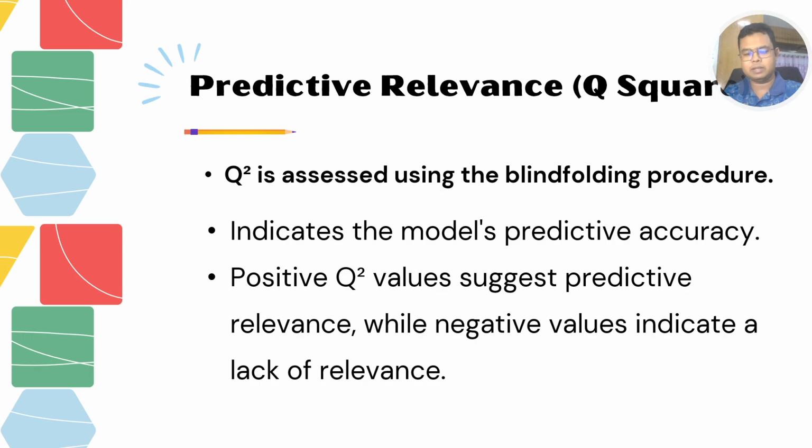Actually, to be honest, in many cases we stop with the value of R square, but how relevant the R square value is, is expressed by the Q square. Q square greater than 0 is fine. A positive Q square value suggests predictive relevance, while negative values indicate a lack of relevance. It means if the Q square value is greater than 0, it's fine for your model, right?